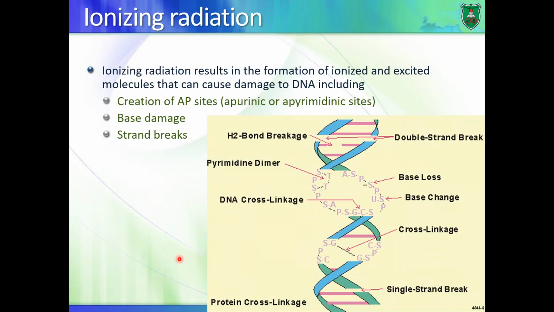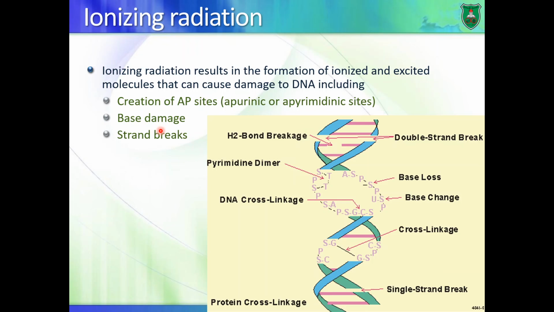Or you can have damaging DNA as a result of ionizing radiation. Okay. Now, with ionizing radiation you can have a lot of changes that can take place in DNA. You can have creation of AP sites, that is apurinic or apyrimidinic sites. So you have removal or break of the glycosidic bond and removal of the base. You can have base damage as well.